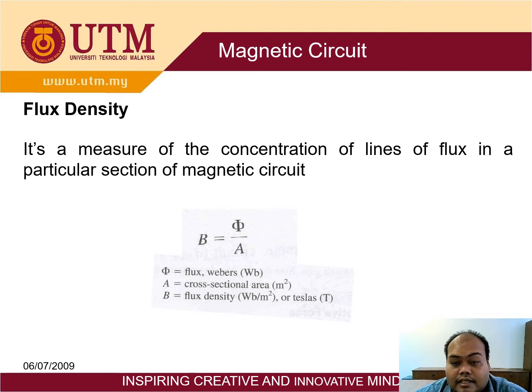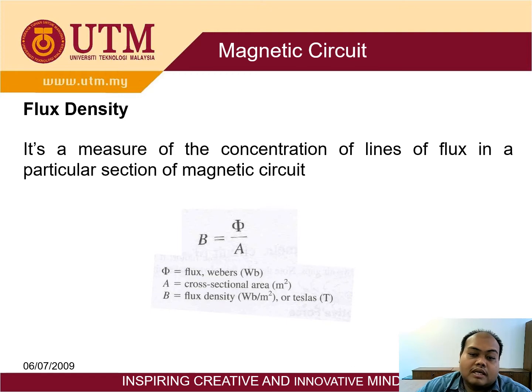Now flux density. Previously H was the magnetic field intensity, and this one is flux density. Previously H equals F divided by L. For flux density, or B, it is basically flux divided by A, the area.